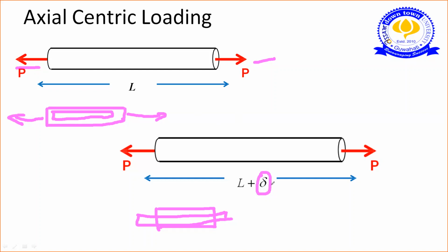This was the original length. When we stretch the rubber band, it gets elongated to some extent, and we represented that as L plus how much it is elongated, represented as delta. Suppose the length was 6 meter.